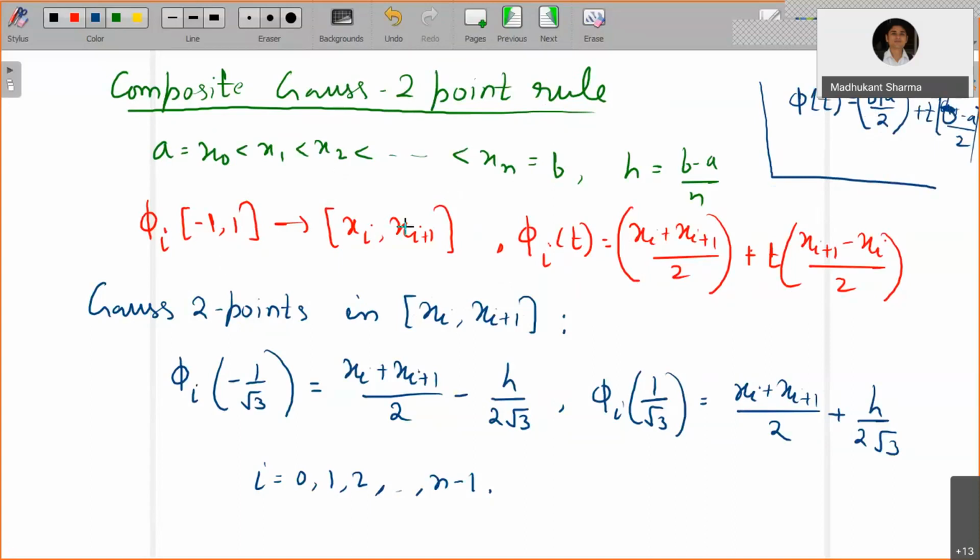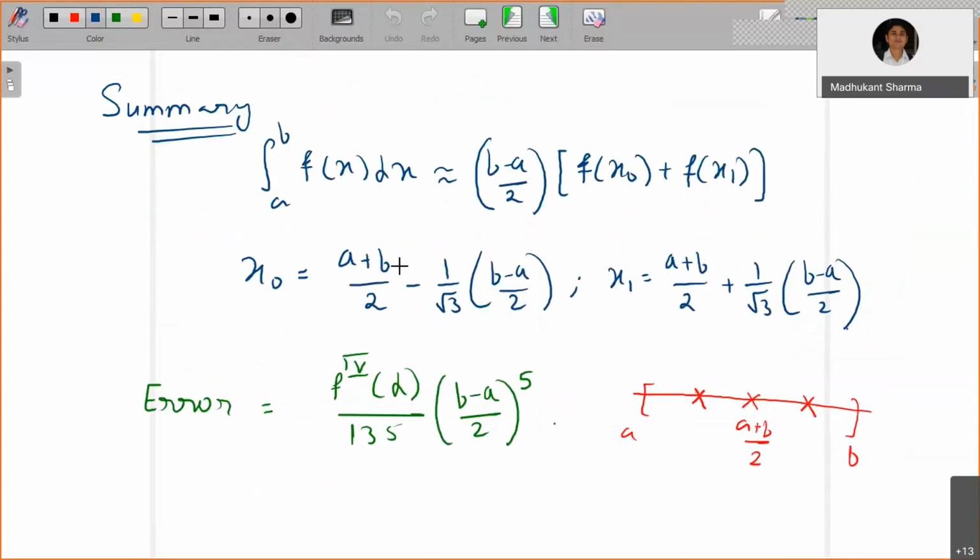So there are n subintervals. I starts from 0 and ends with n minus 1, because here we have xi plus 1, and we are ending with the point xi plus 1. Now, the respective Gauss 2 points on the interval xi to xi plus 1: if you recall, the Gauss points were the midpoint a plus b by 2, so xi plus xi plus 1 by 2, minus 1 by root 3 times b minus a by 2.